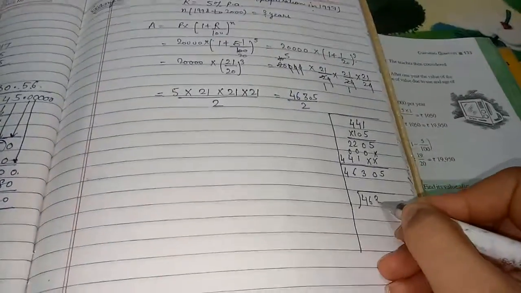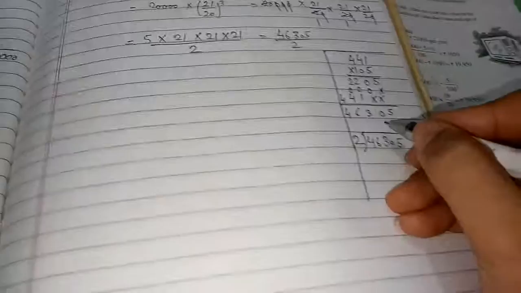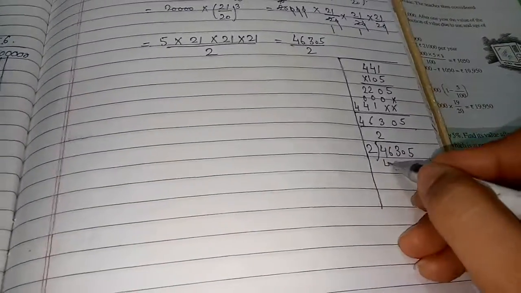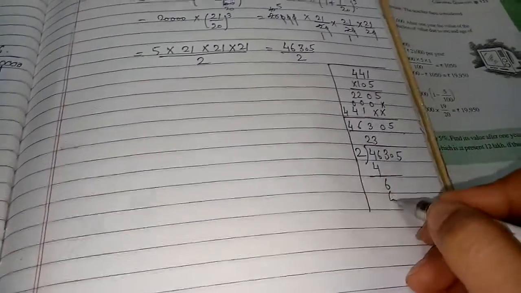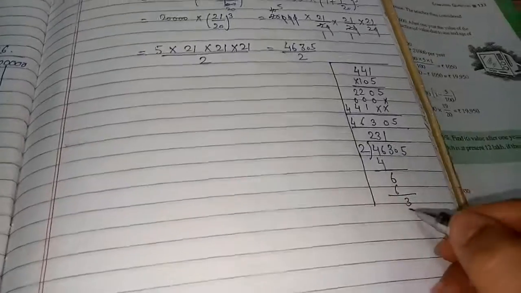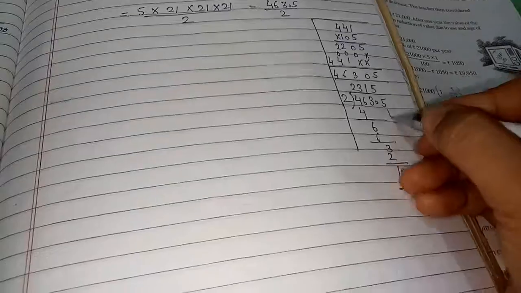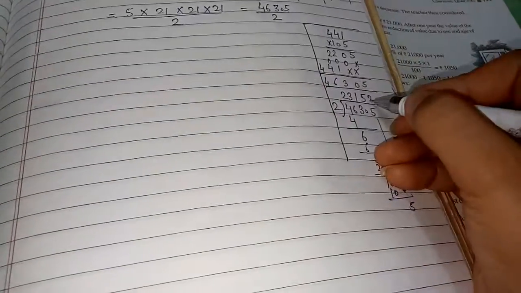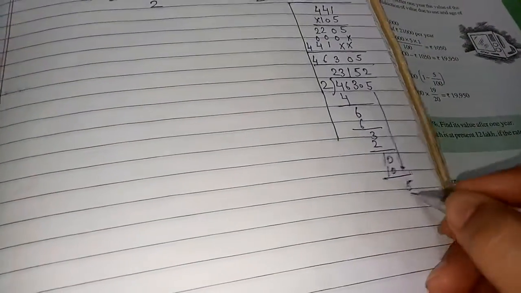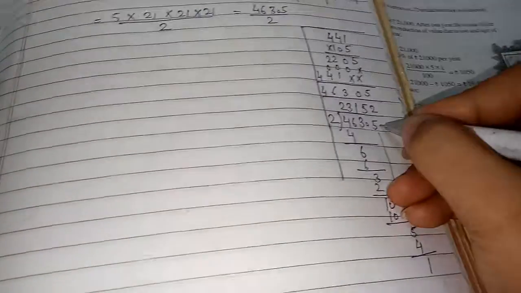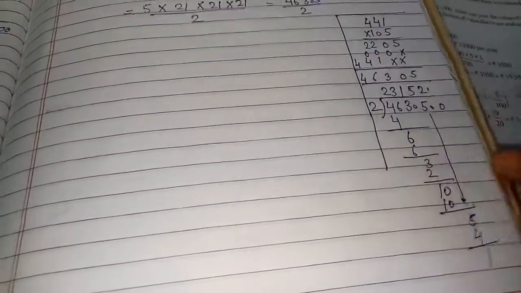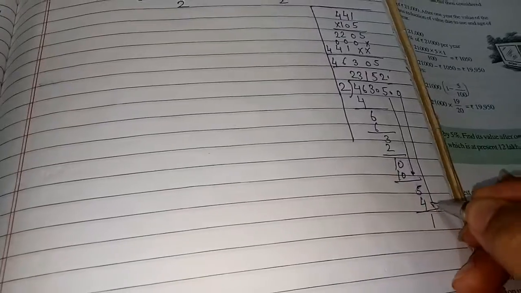When we divide 46,305 by 2: 2 twos are 4, 2 threes are 6, 2 ones are 2, 2 fives are 10, 2 twos are 4. Again, putting the decimal in the quotient also and taking the 0 downward, 2 fives are 10. Okay, see this.